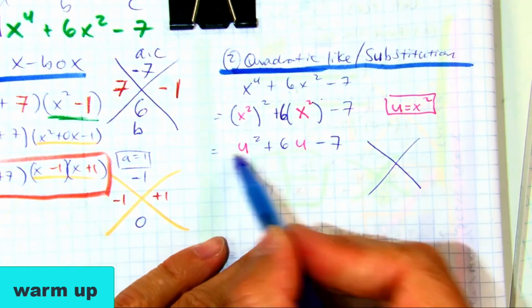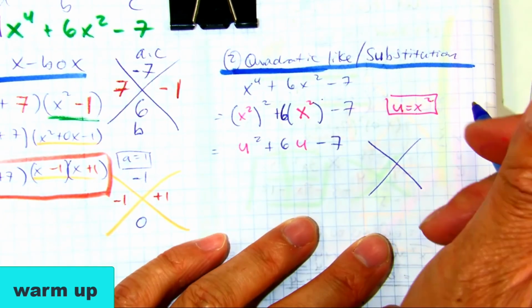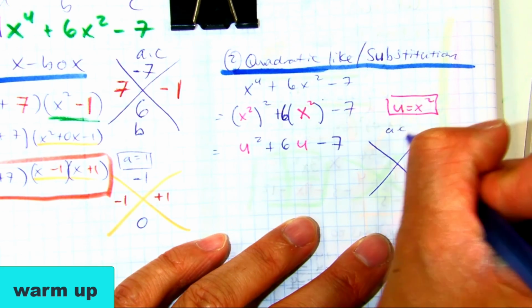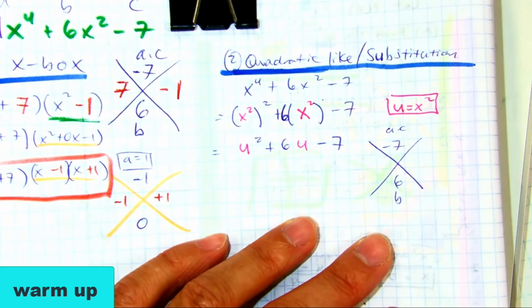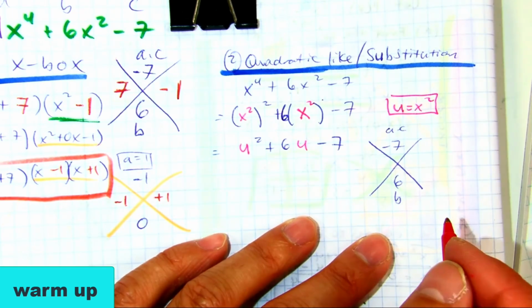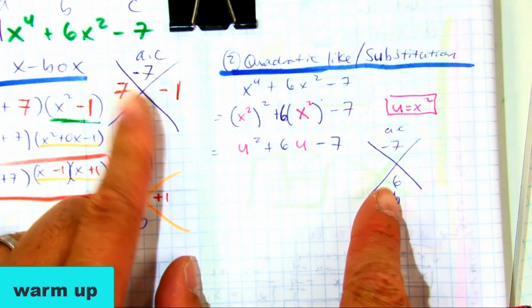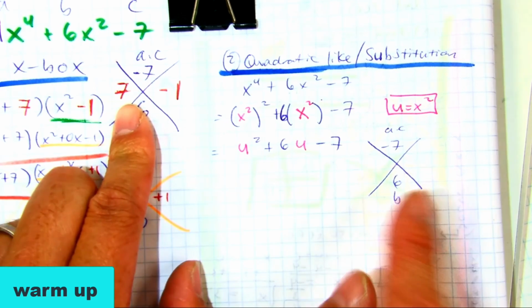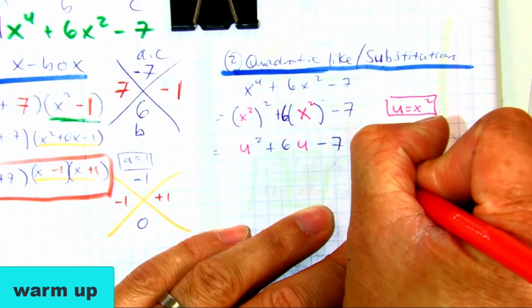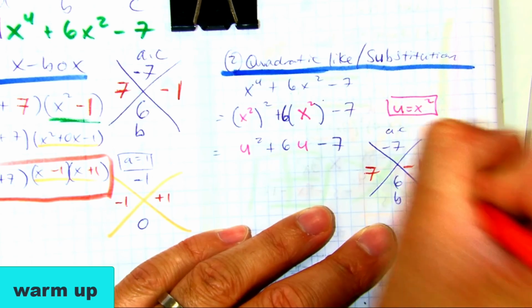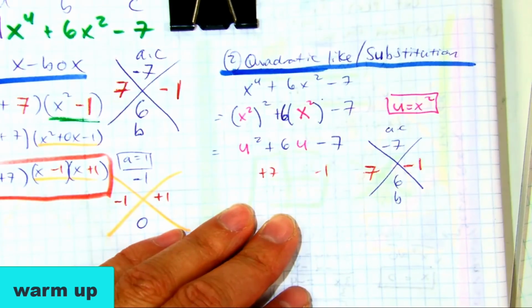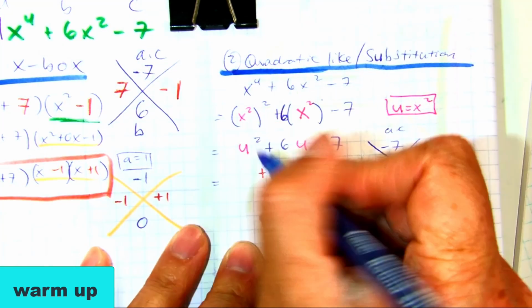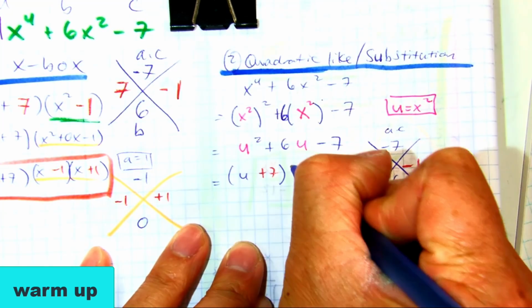Let's do that. In here, class, a times c. B value? 6. Two numbers that multiply to be -7 and add to be 6. Oh, it's the same as from over here. So now I have u plus 7, u minus 1.